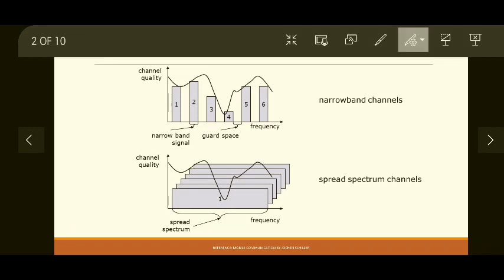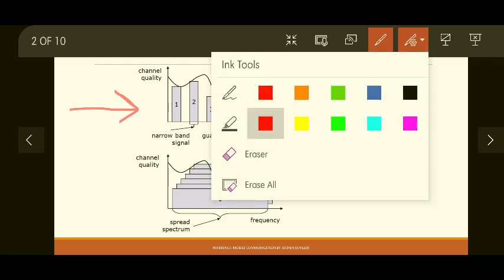Now as you can see here, our user bandwidth is divided into smaller channels. These are called narrowband channels. Narrowband means each channel will have a small set of frequencies associated with it. Let's say each channel has 5 frequencies. So there are a total of 6 channels shown over here.